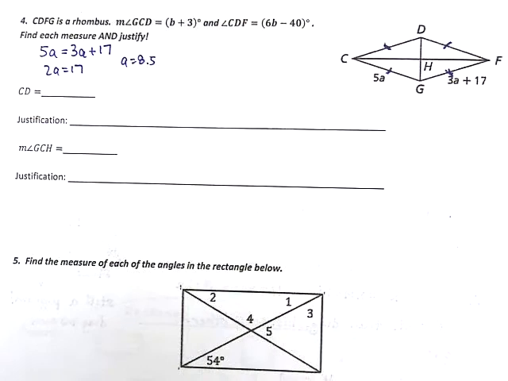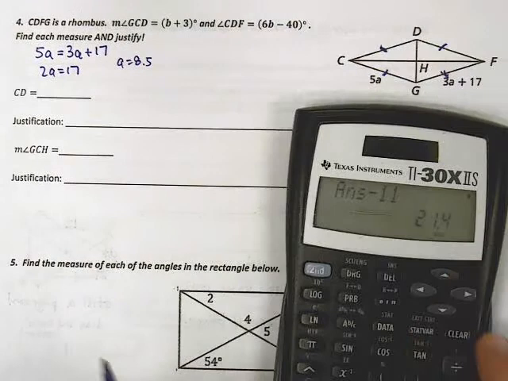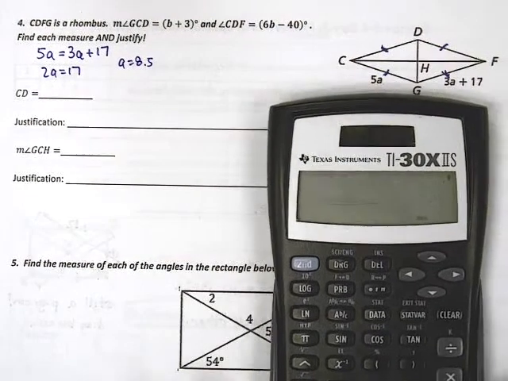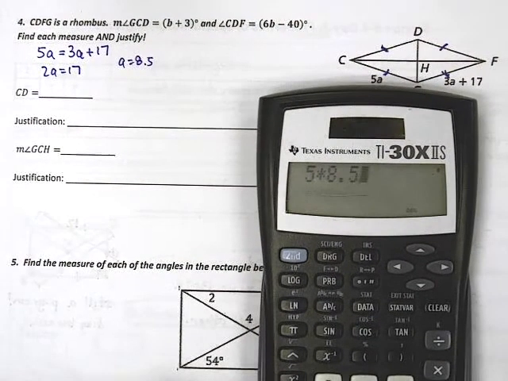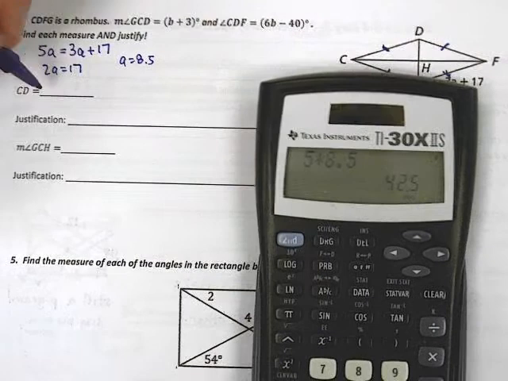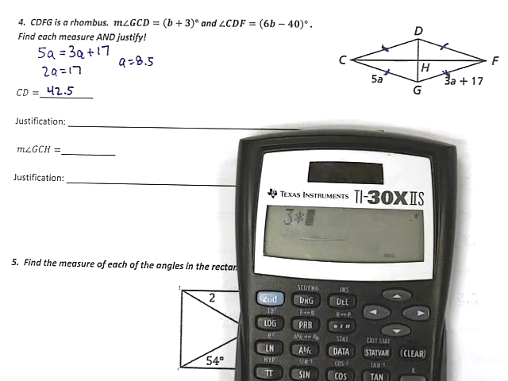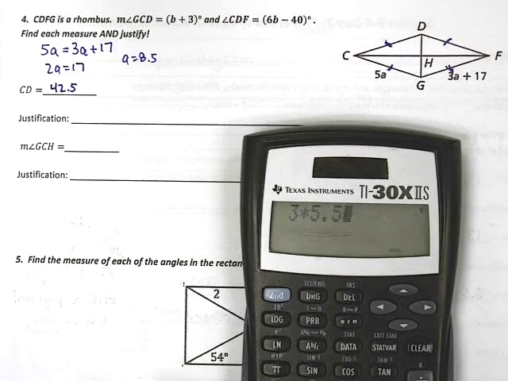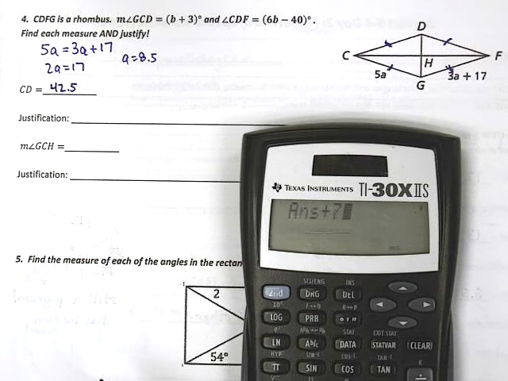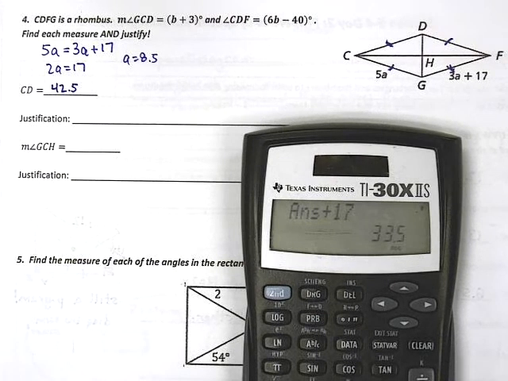And now that we know that a is 8.5, we can plug it in. 5 times 8.5, 42.5. Just to double check, 3 times 5.5 plus 17. This calculator's awful. What did I do wrong?